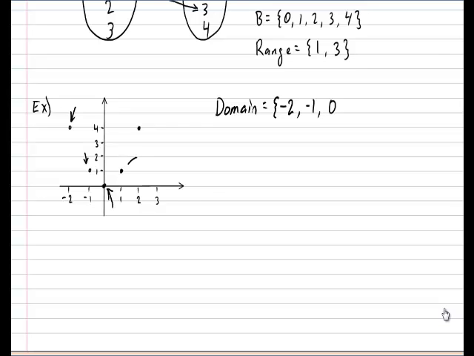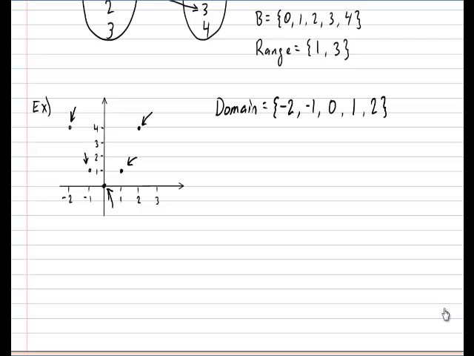The fourth point has x equals 1. So, part of our domain. Let's list it. And there's one more point to go. And this point has an x-coordinate of 2. Let's put it down in our domain. So this graph has 5 actual x values: -2, -1, 0, 1, and 2.